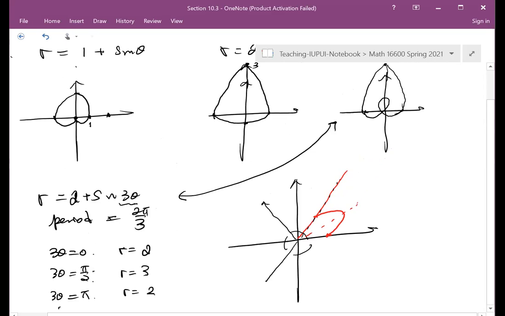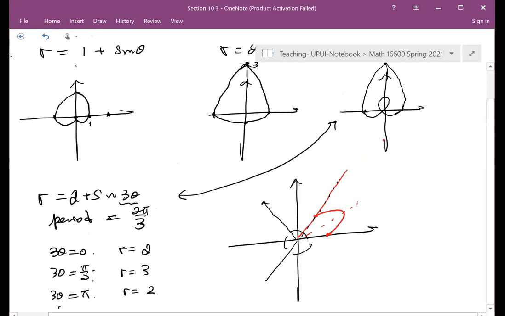What I did here is actually open this line and compress it all the way, from 2 pi to 2 pi over 3.